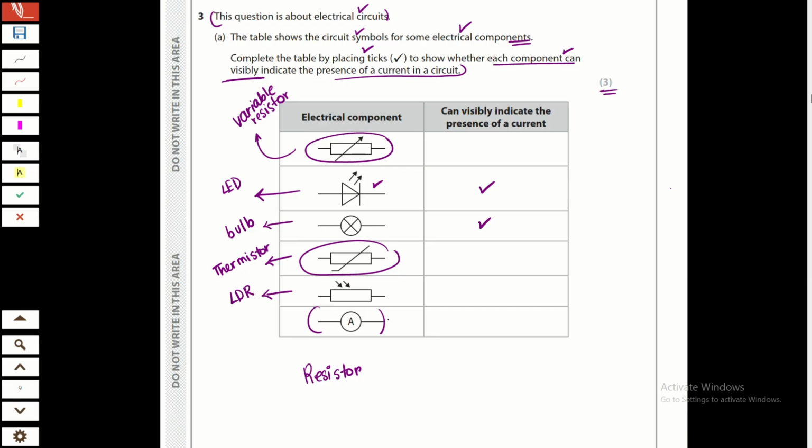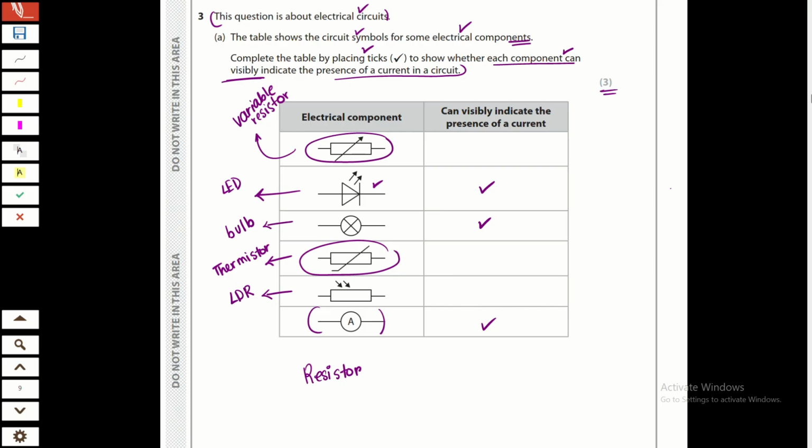The final one being the ammeter, and the ammeter obviously indicates the presence of current in a circuit visibly, because if you see a reading in the ammeter, you understand that there is current in the circuit. If you see no reading, then obviously there is no current in the circuit.